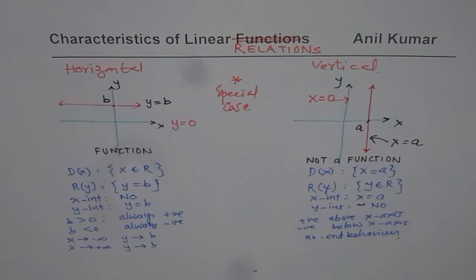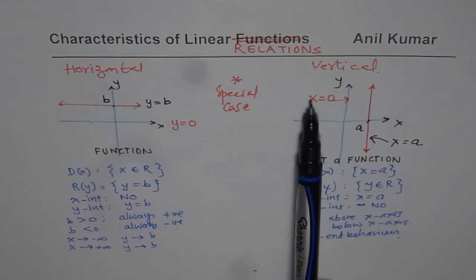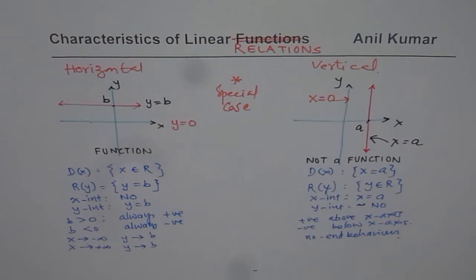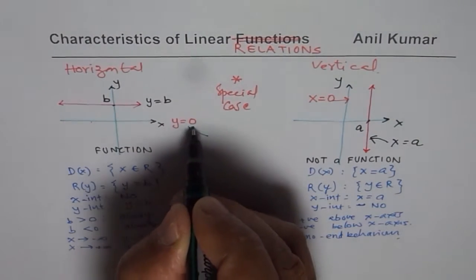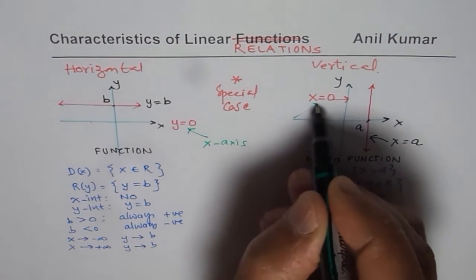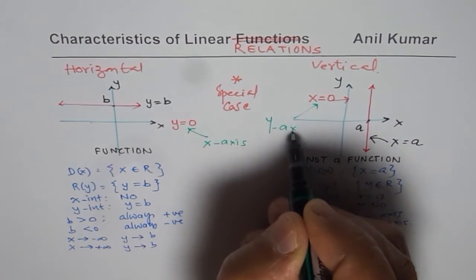Now the question for you is, how will these characteristics change if I have a special case where we're talking about the x-axis and y-axis? So let me write y equals 0. This is what we are calling the x-axis, right? And x equals 0 is the y-axis.